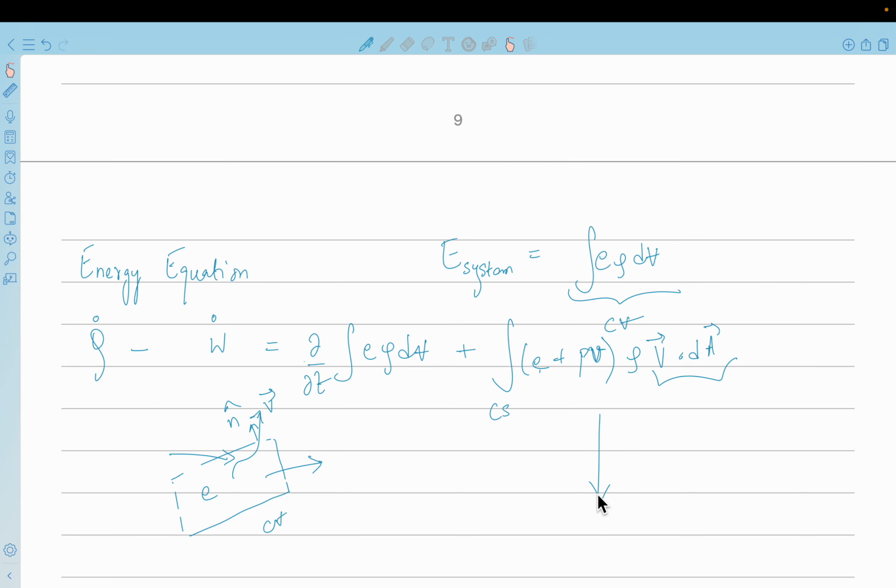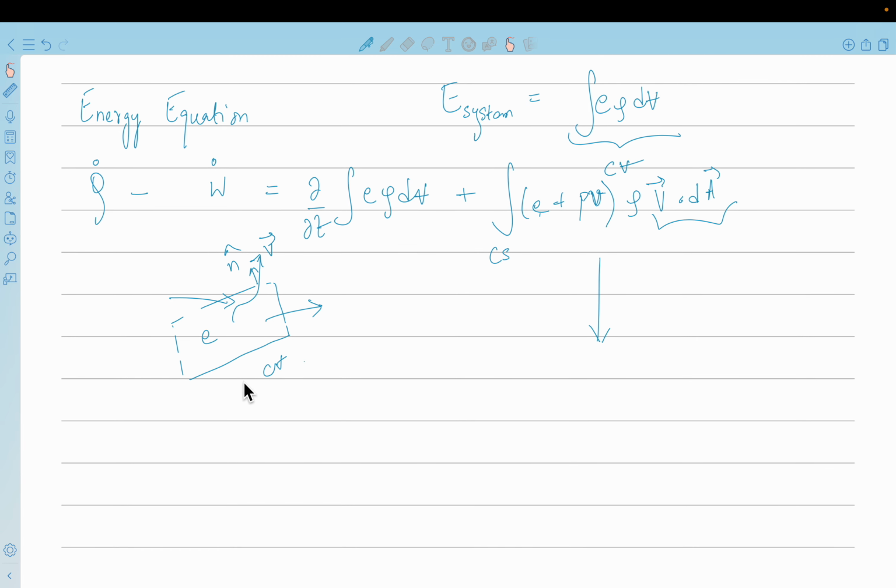Okay, and if you simplify this, and of course we can assume that W dot is 0, and assume steady flow and uniform flow and all that.